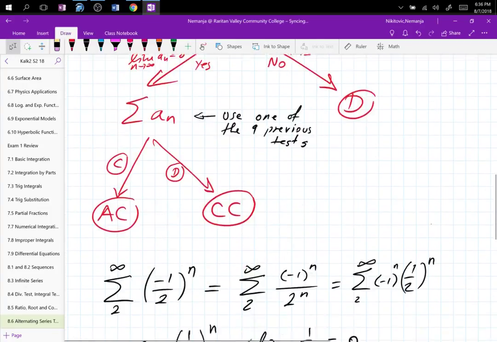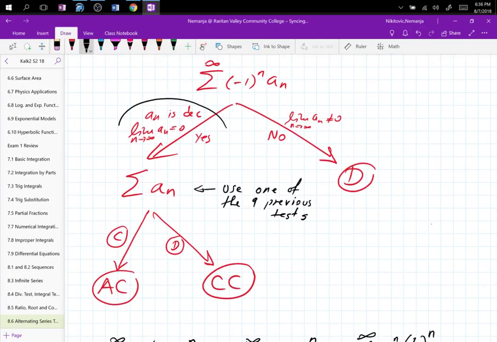So what do I have? Look, both conditions passed, and I have convergence on this one, so it's absolute convergence for the problem.